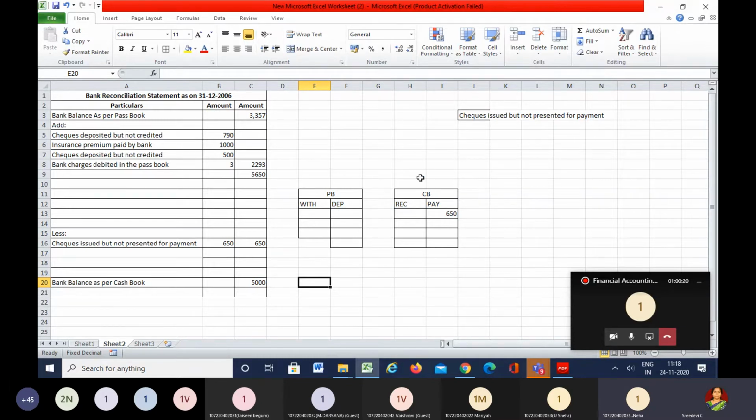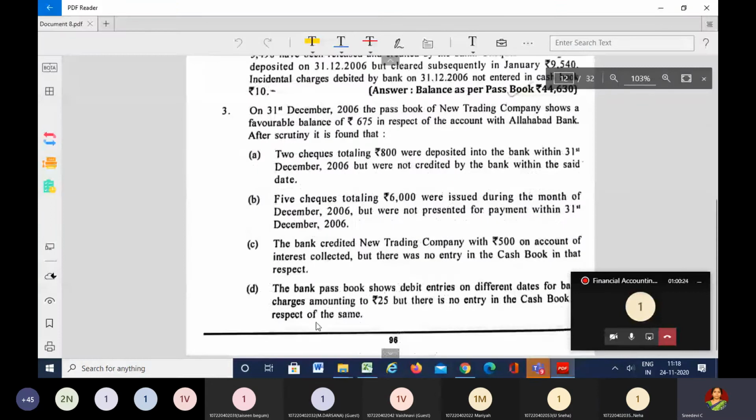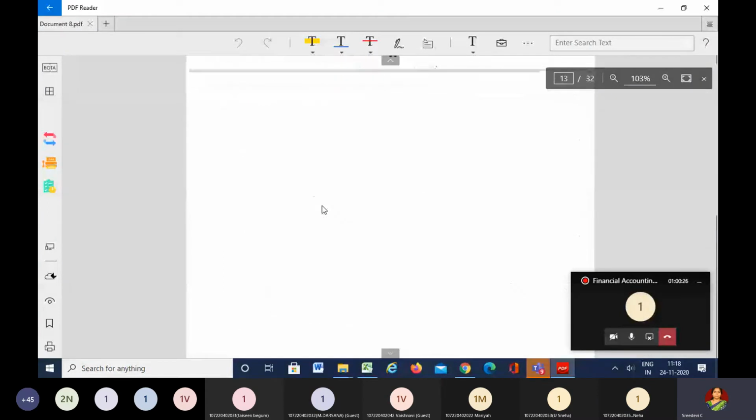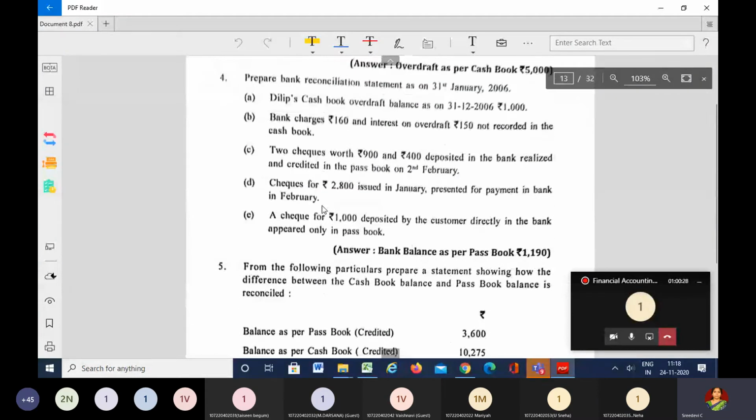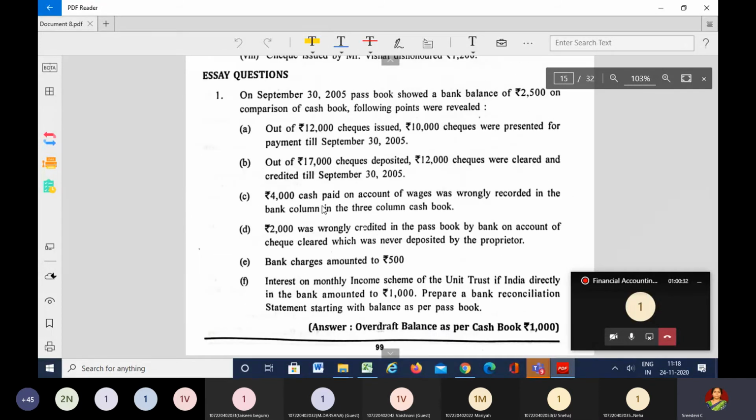Right. So we have done with the first two short questions. Now I'm going to the essay problems. I think the first problem is based upon the overdraft, I guess.